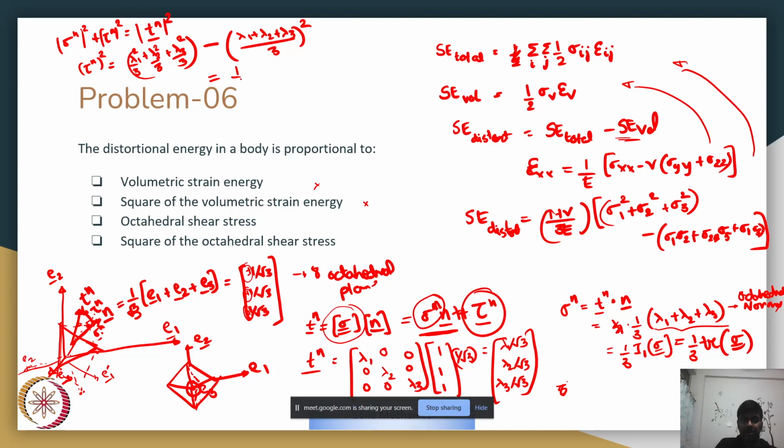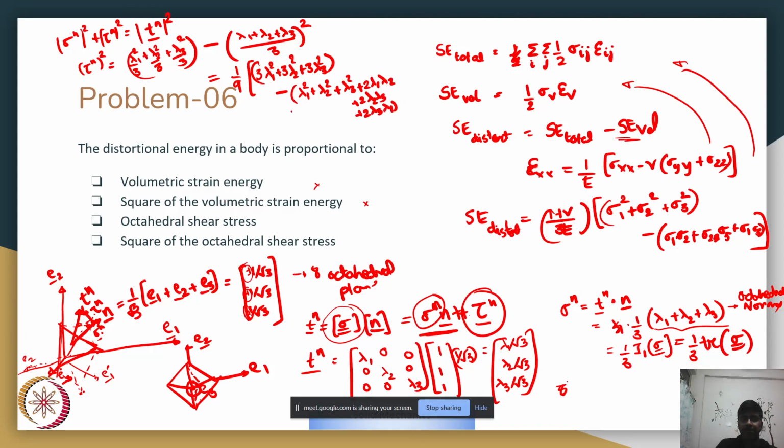I'll take out 1 by 9 and I get 3 lambda 1 square plus 3 lambda 2 square plus 3 lambda 3 square minus this whole square, lambda 1 plus lambda 2 plus lambda 3 whole square. If I expand it, it would be lambda 1 square plus lambda 2 square plus lambda 3 square plus 2 lambda 1 lambda 2 plus 2 lambda 2 lambda 3 plus twice lambda 3 lambda 1.